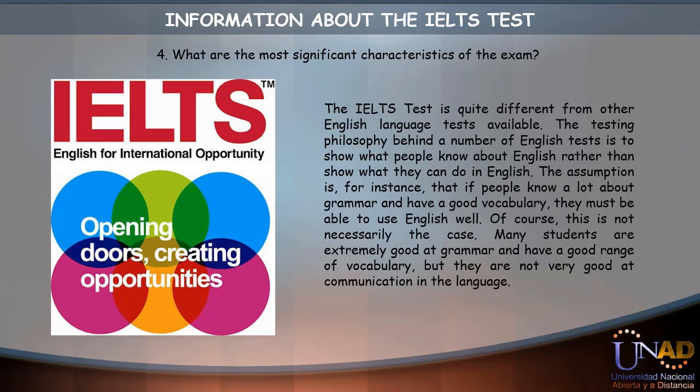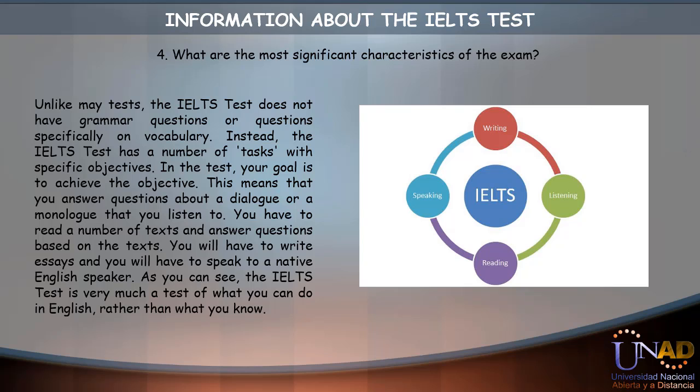Many students are extremely good at grammar and have a good range of vocabulary, but they are not very good at communication in the language. Unlike many tests, the IELTS test does not have grammar questions or questions specifically on vocabulary. Instead, the IELTS test has a number of tasks with specific objectives. In the test, your goal is to achieve the objective.